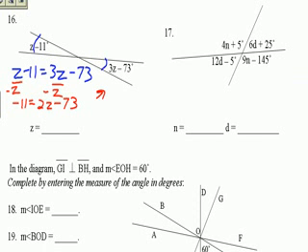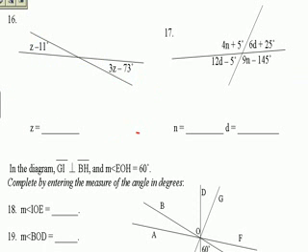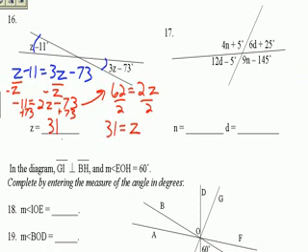Now I'm going to add 73 to both sides and get 62 equals 2z. If we divide by 2 on both sides, using division property of equality, we get 31 is our value for z. So z is 31. Remember that symmetric property says we can switch sides of the equal sign.